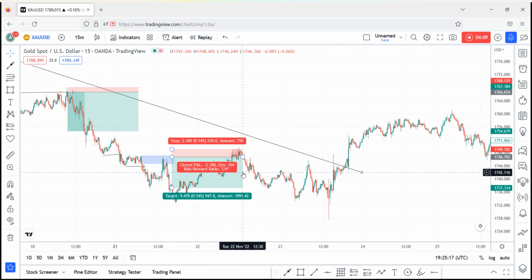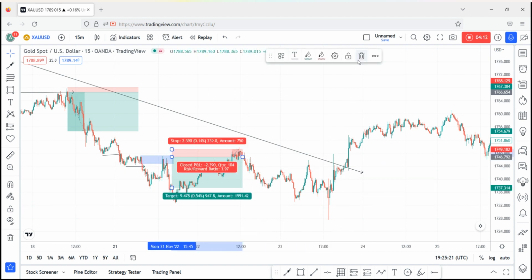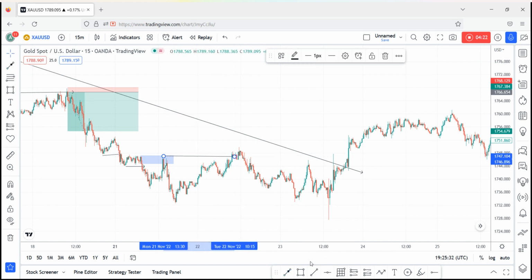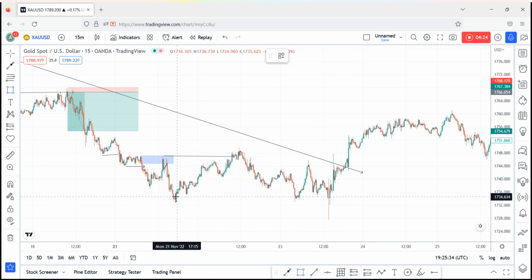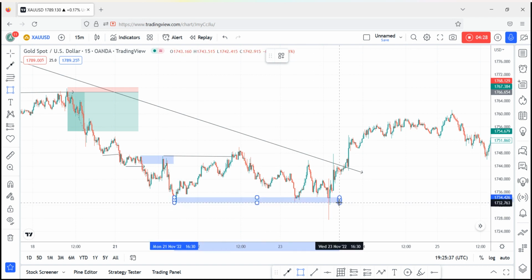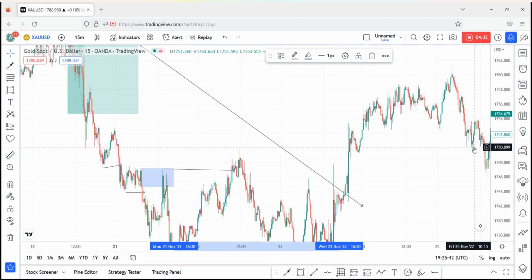And then what price did was price made a change of character from here. So let me remove. Price made a change of character from here, and then price started going bullish, right? So that was our extreme demand zone. Price mitigated our demand zone and targeted our first take profit.